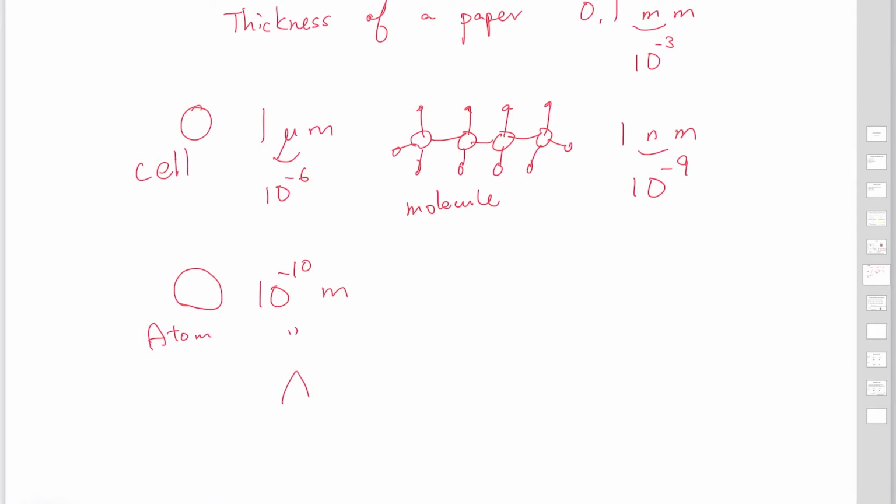This is angstroms. For the size of the nucleus, we can use 1 femtometer. So femto is 10 to the minus 15. So sometimes we use a prefix to describe small numbers. Okay.